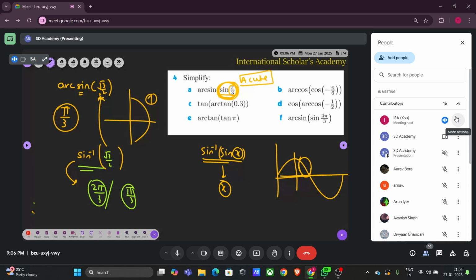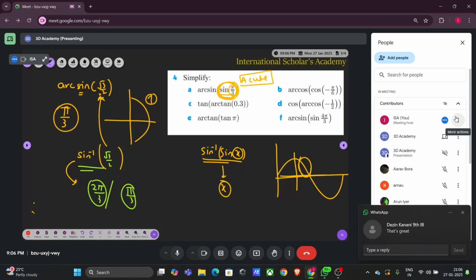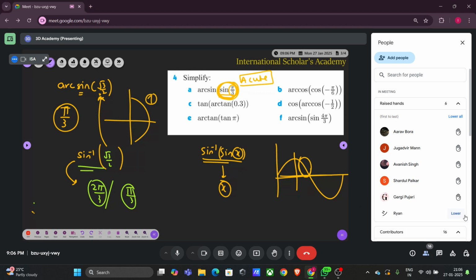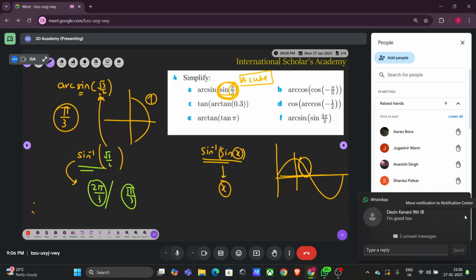How many of you are understanding this point? Please raise your hands. Yes, that's the point.